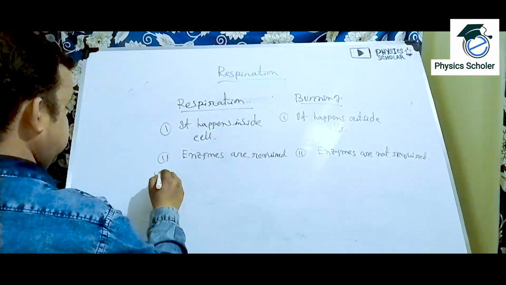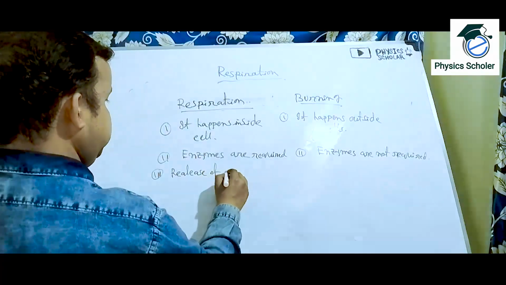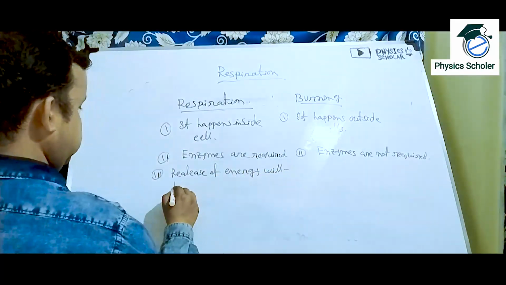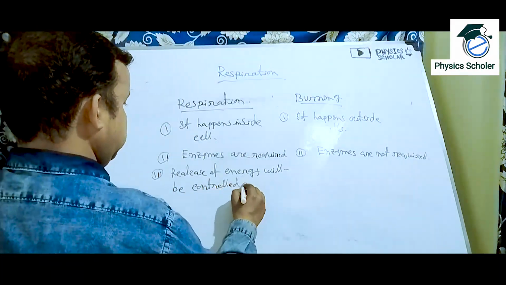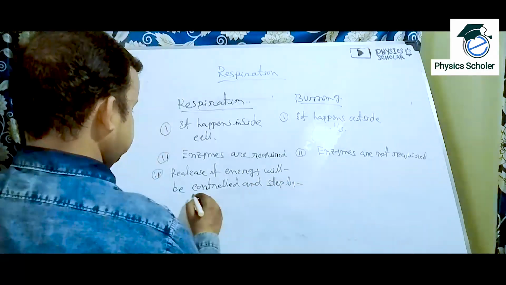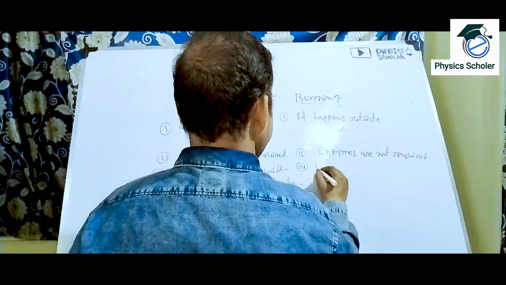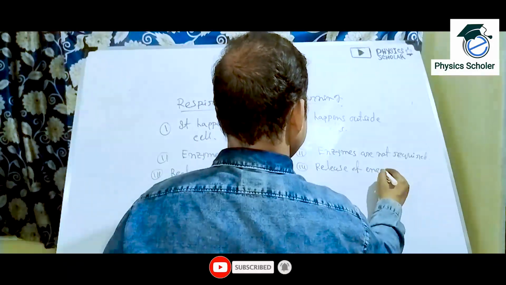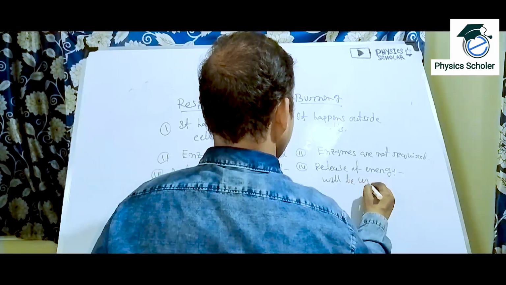In respiration, the release of energy is controlled and step by step. In burning, the release of energy is uncontrolled.